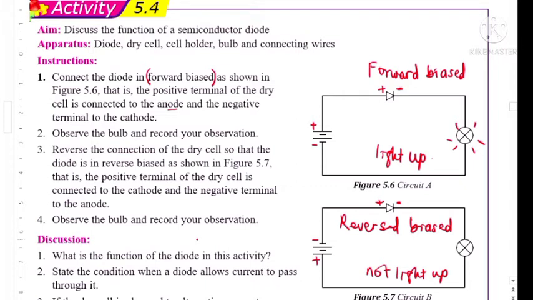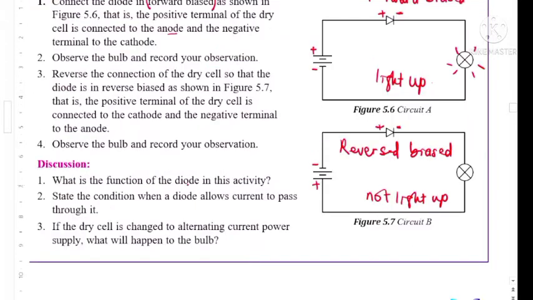Okay, let's discuss some questions regarding this activity. What is the function of diode in this activity? Allow current to flow in one direction. State condition when diode allows current to pass through it. The bulb lights up. If the dry cell is changed to alternating current power supply, what will happen to the bulb?